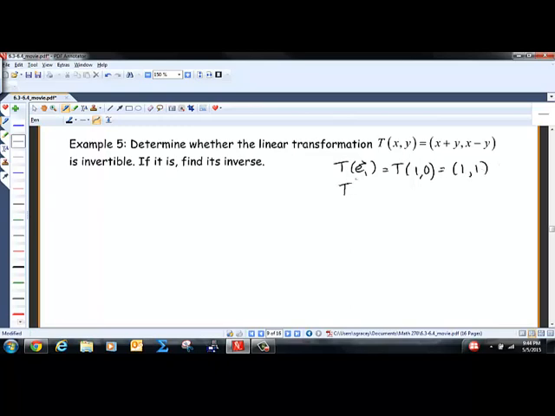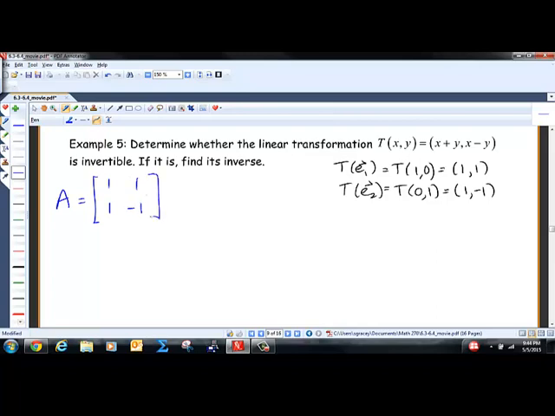And T at E2 is T at 0, 1, which is going to be 1, negative 1. So therefore, A will be, using those as column vectors, 1, 1, 1, negative 1.